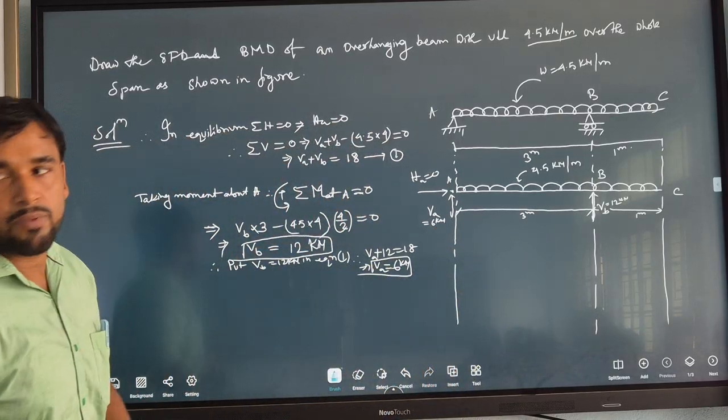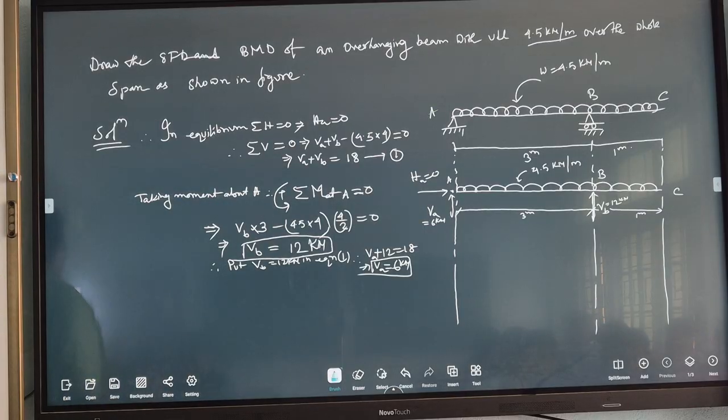Okay. The next step, what is the next step? Either calculation of shear force or bending moment.